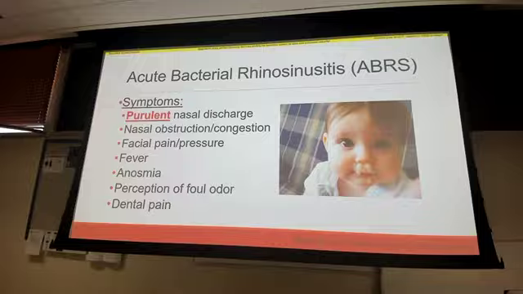The keys here are the facial pressure, the fever, and the purulent discharge. Purulent is going to be like thick, mucky, like a mucus, like yellow, maybe green. They might have some blood in there, but the consistency is generally pretty thick.